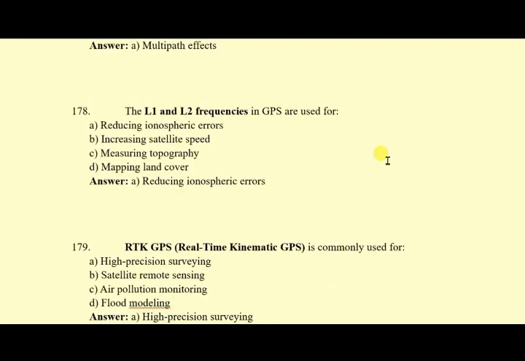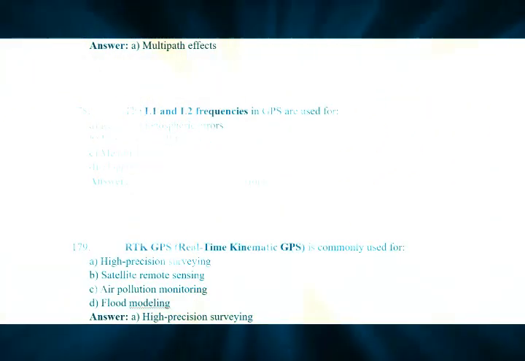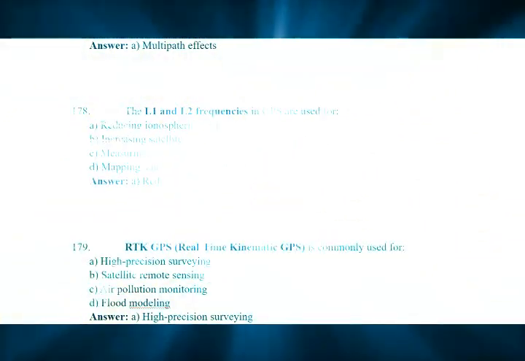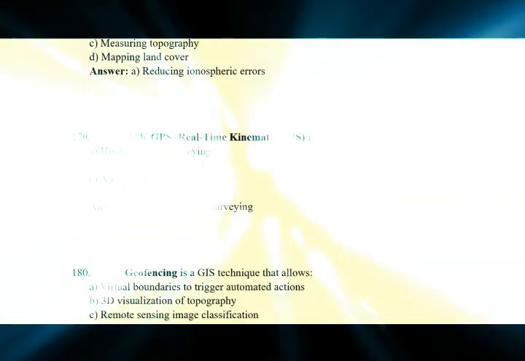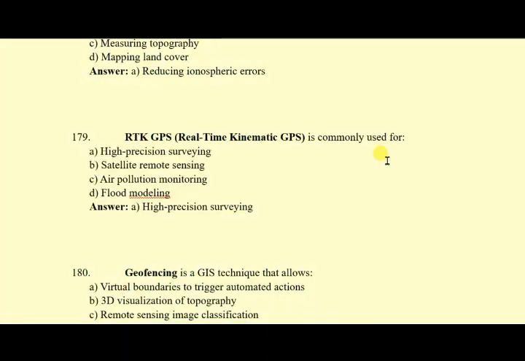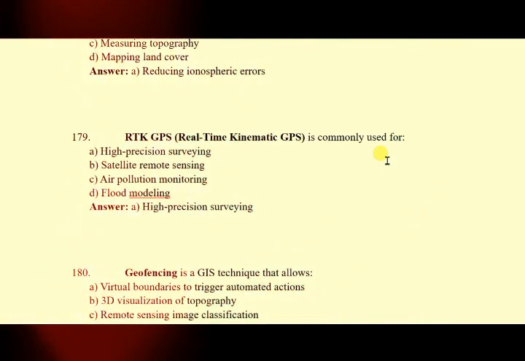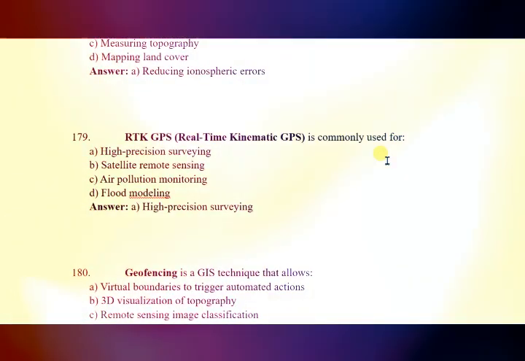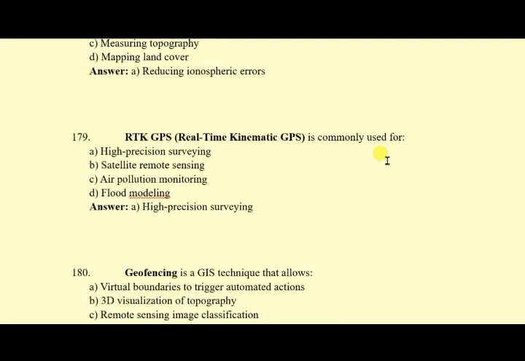178. The L1, L2 frequencies in GPS are used for reducing ionospheric errors, increasing satellite speed, measuring topography, mapping land cover. Here the right answer will be reducing ionospheric errors. RTK GPS, real-time kinematic GPS, is commonly used for high precision surveying, satellite remote sensing, air pollution monitoring, flood modeling.